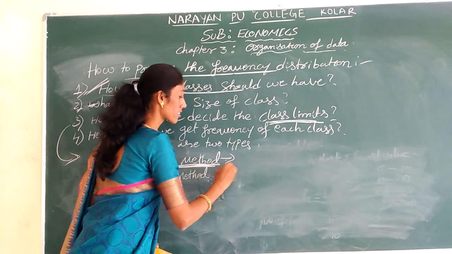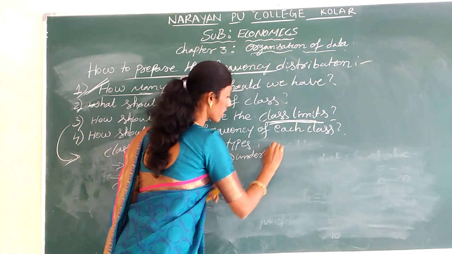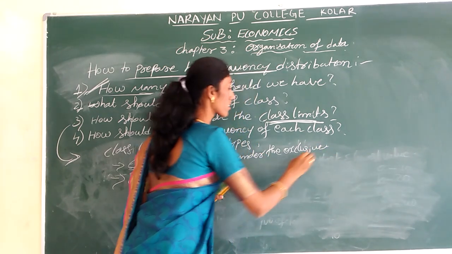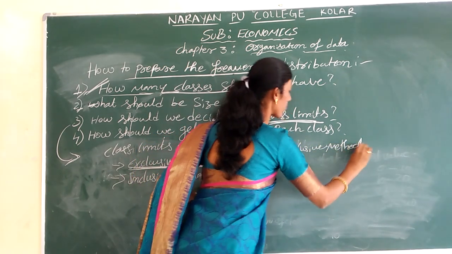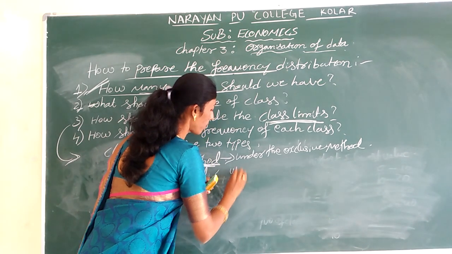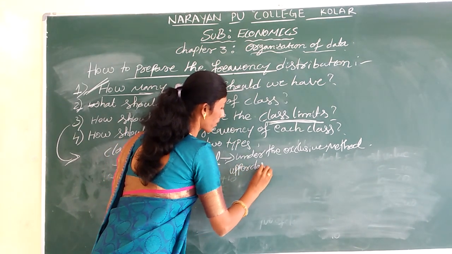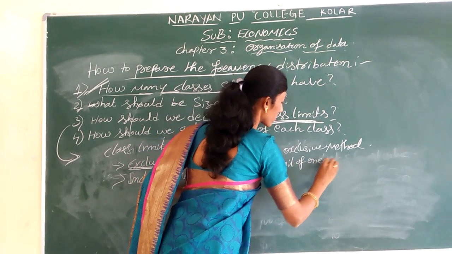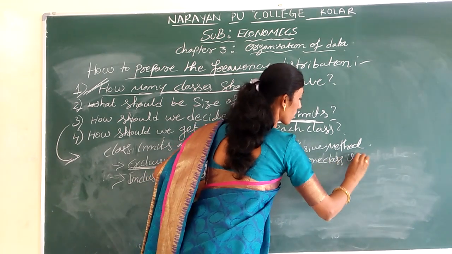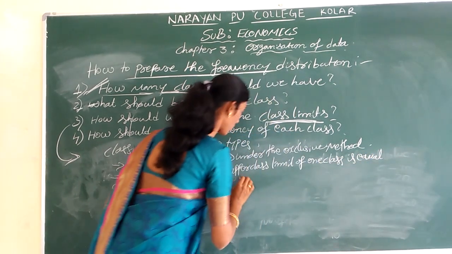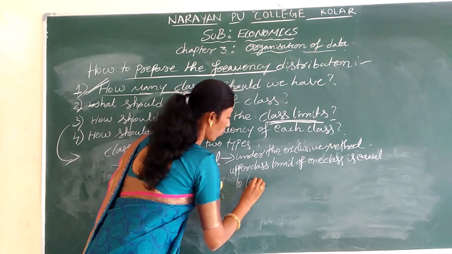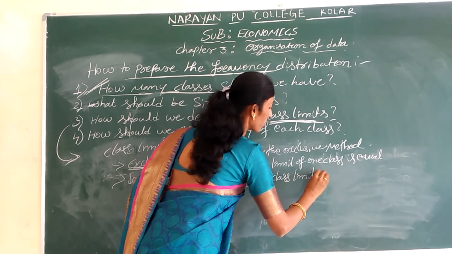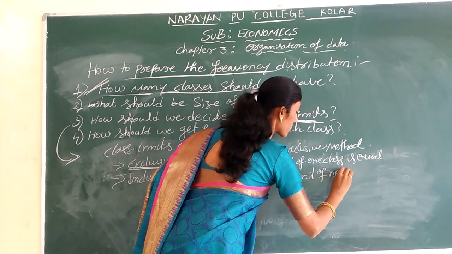Here, under the exclusive method, the upper class limit of one class is equal to the lower class limit of the next class.